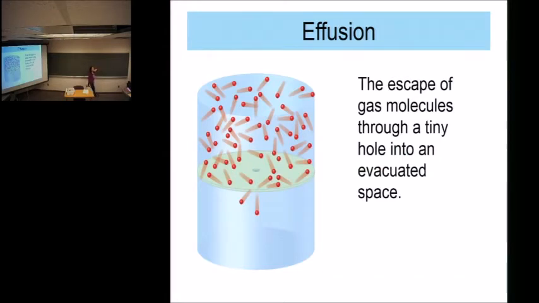Which one is bigger? Yeah, Kr is a lot bigger, right? So even though there's one atom, that's not the one that's going to go fastest. So which one is the fastest then? CH4. Why did you choose CH4? It has the lightest molar mass, right? The lighter the molar mass, the faster the particle.